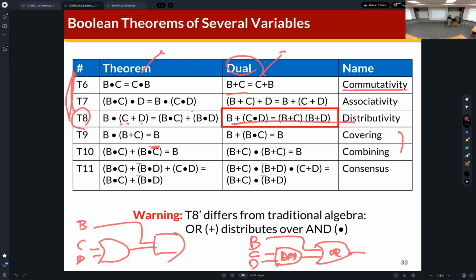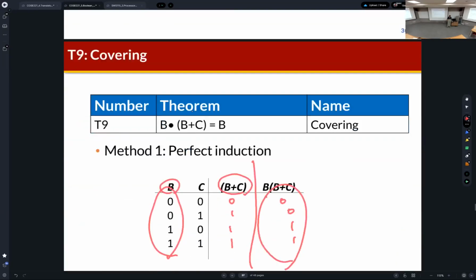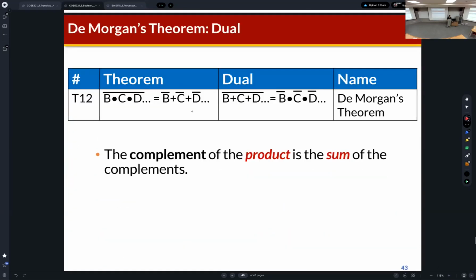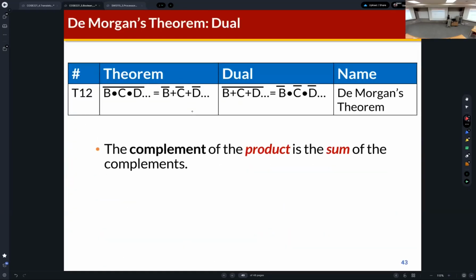Axioms are very simple and easy to understand, and some theorems are also very simple. By using these simple theorems and the axioms, we can prove the other theorems. But the De Morgan theorem is a very important theorem in Boolean algebra.